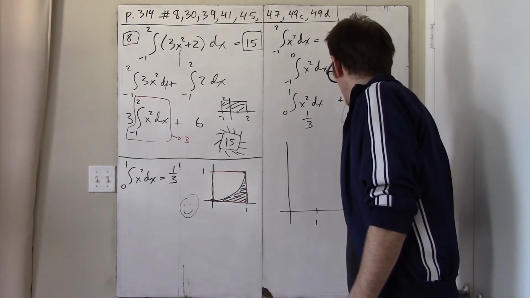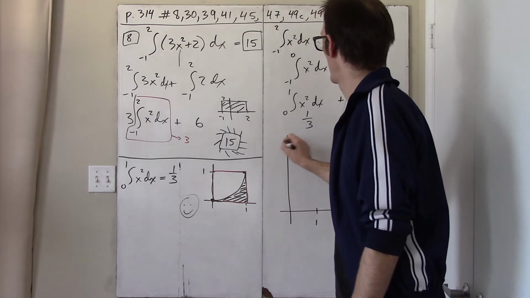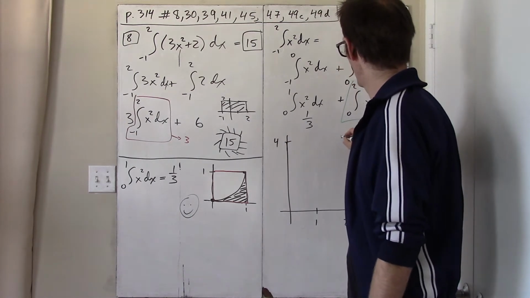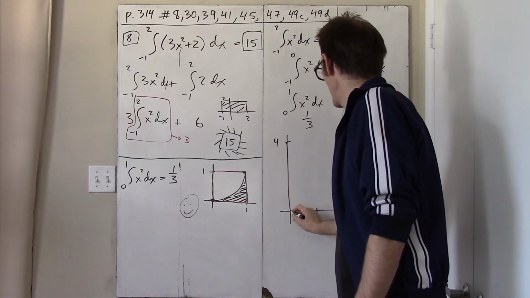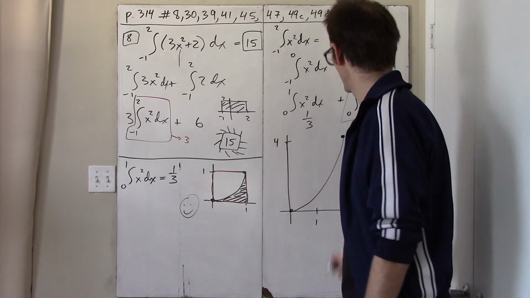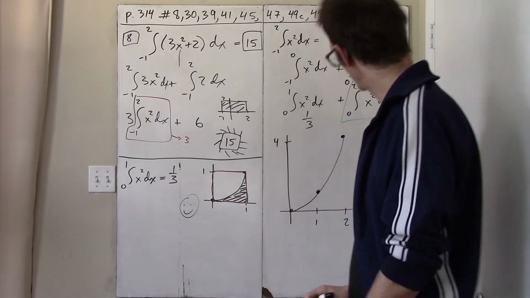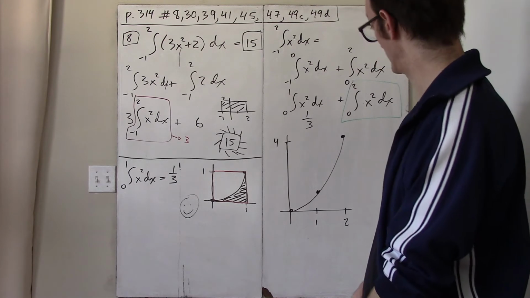So this is 1, this is 2, this is 4, and so what we get is this kind of shape. Okay, and this picture, not so great.